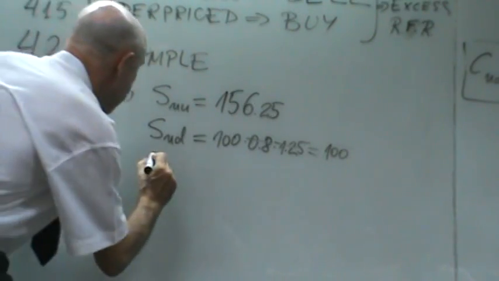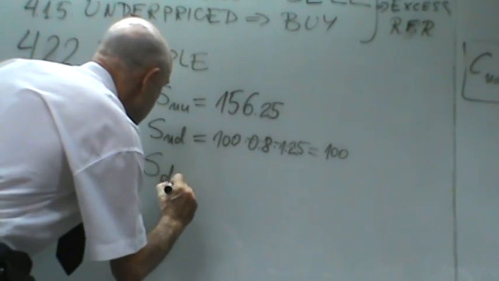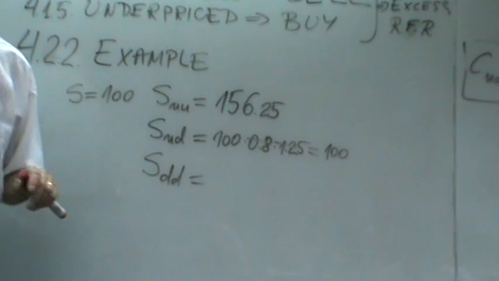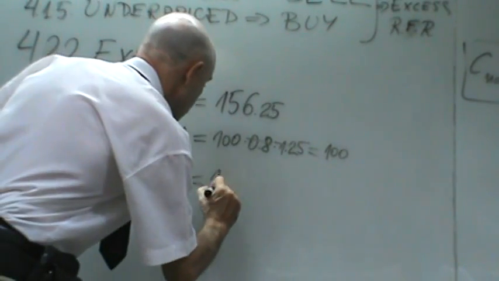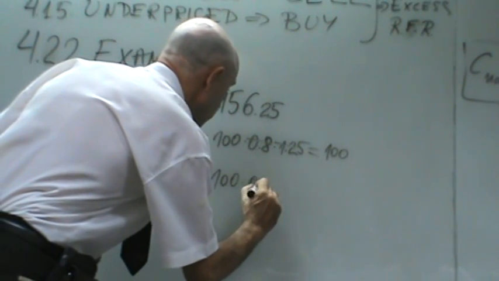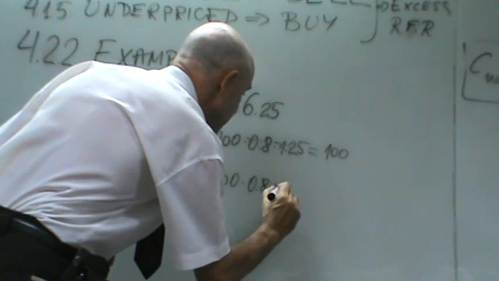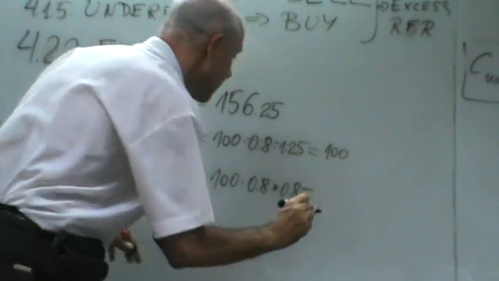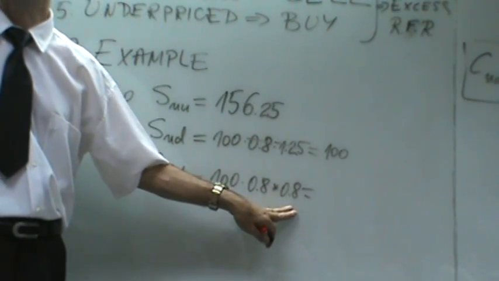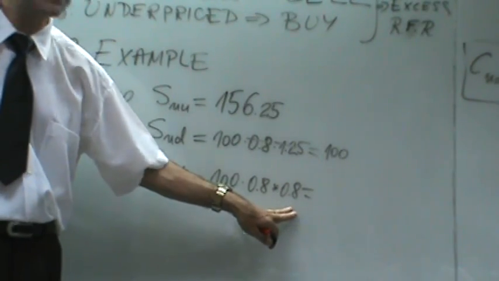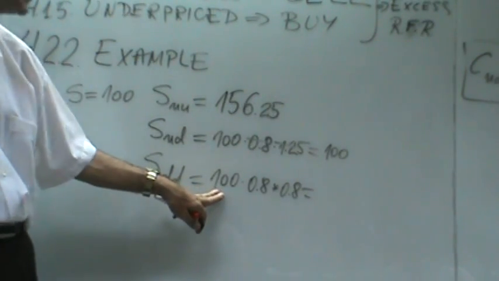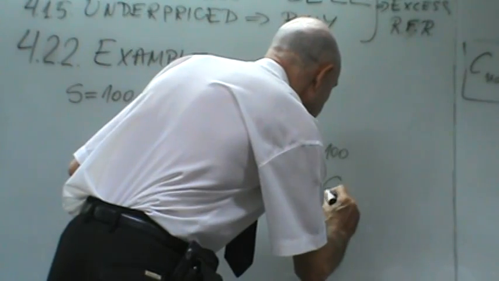And then SDD equals 100 times 0.8 times 0.8, and 8 times 8 is 64. So 0.64 times 100 is 64.